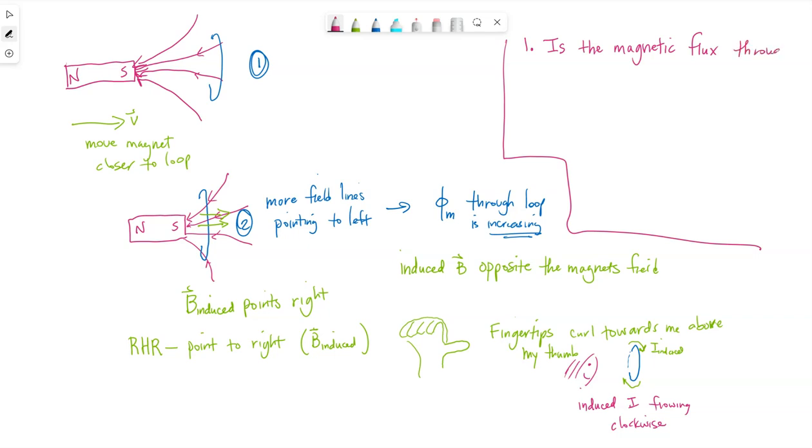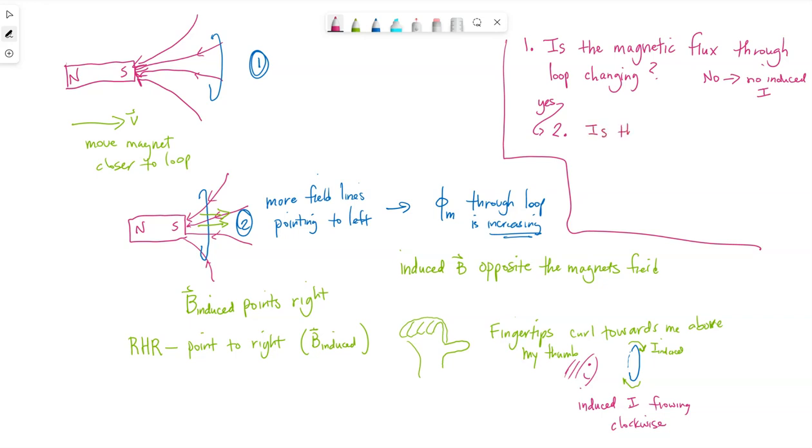Now, specifically through whatever loop we're talking about, is that magnetic flux changing? If the answer is no, then there is no induced current. If the answer is yes, then we have to ask ourselves another question.